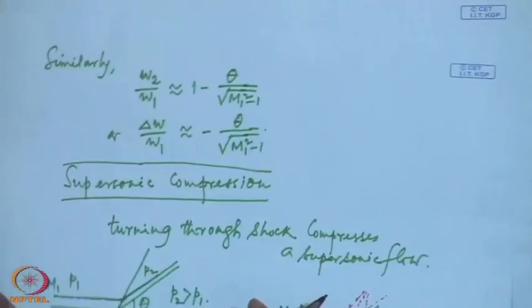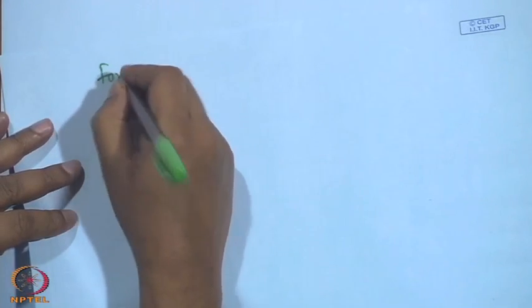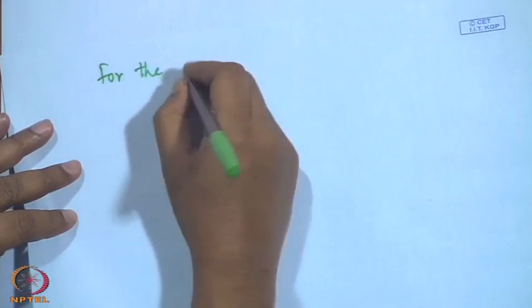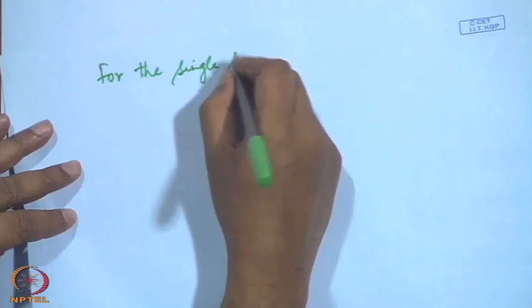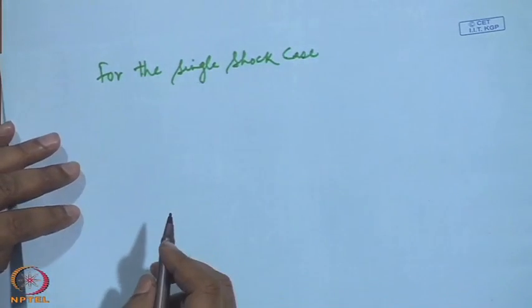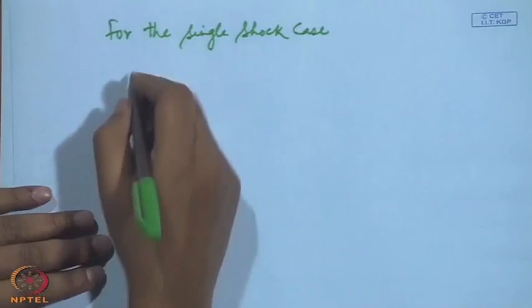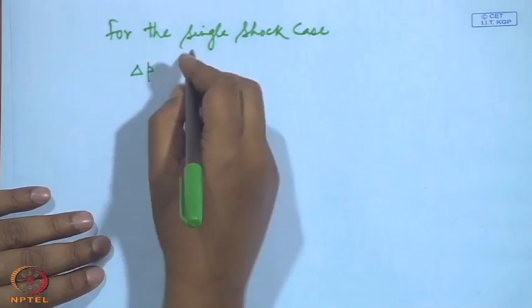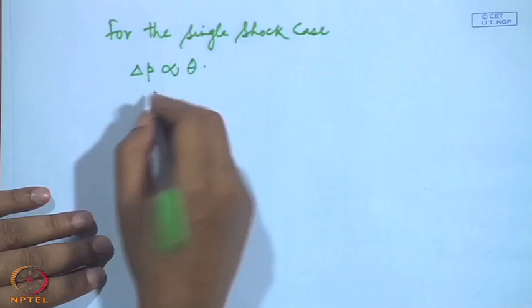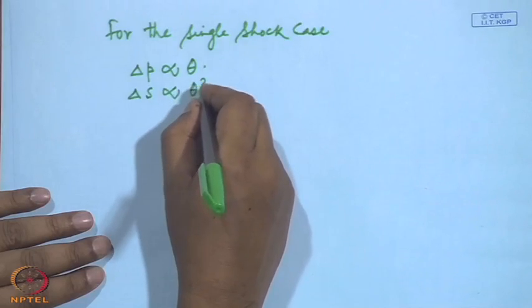Now, for the single shock case, assuming still that it is a weak shock and the flow deflection angle theta is small, the pressure rise across the shock is proportional to theta and the entropy rise is proportional to theta cube.